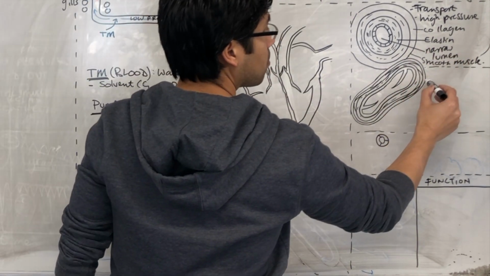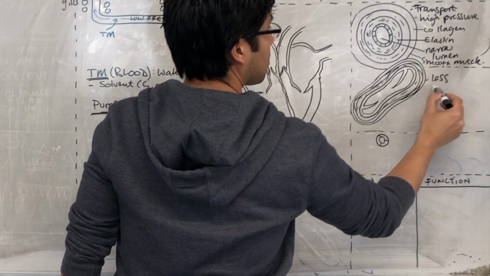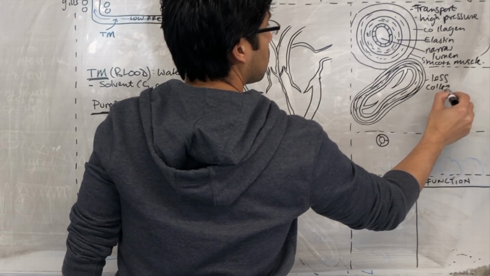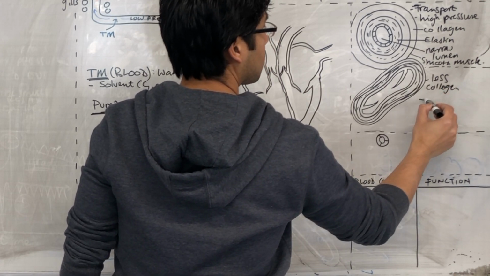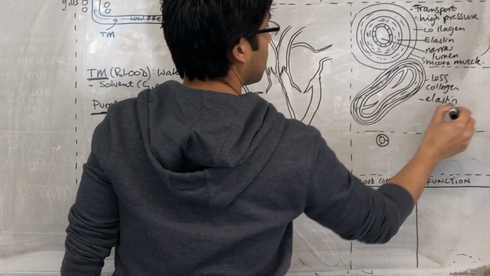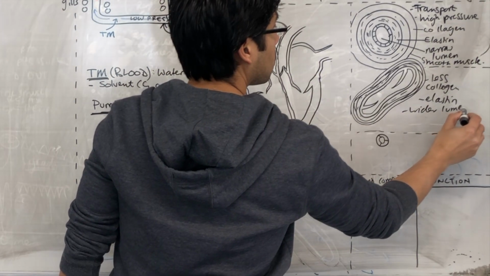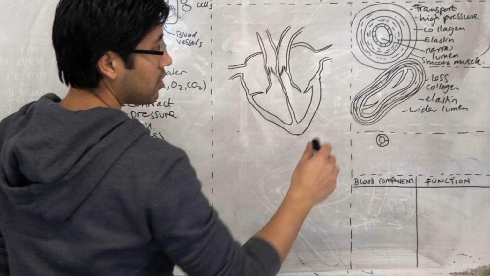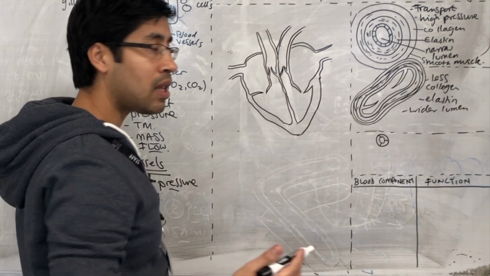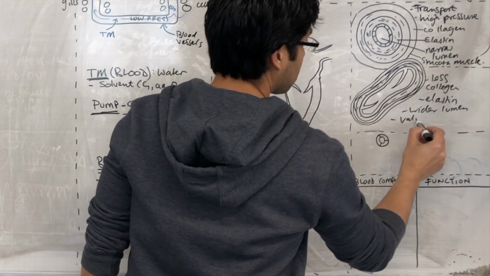So it's got collagen, but much less. Less collagen, less elastin, wider lumen, and I hope you've noticed my version of what appears to be valves. So it has got valves.